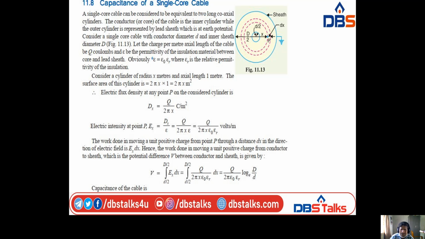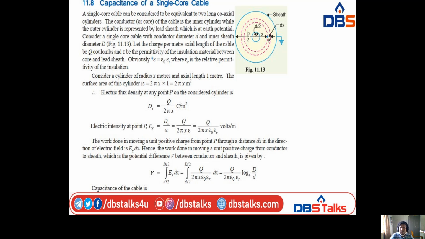The conductor of the cable is the inner cylinder, while the outer cylinder is represented by a lead sheath, which is at earth potential.